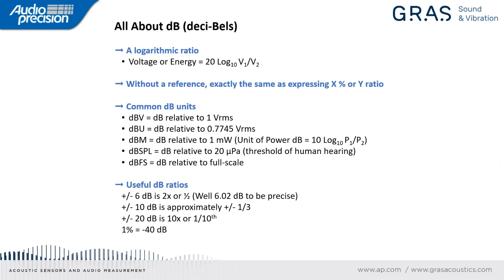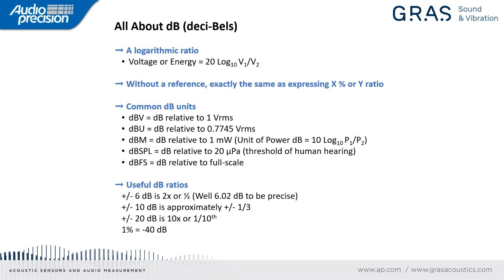That is to say, if you say 20 dB, that is exactly the same as saying 10 times, okay? And because of that, anytime a result is expressed, dB needs to be related to what the ratiometric reference is.